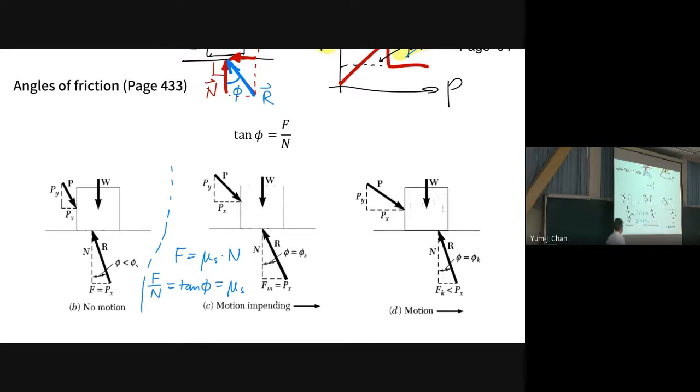Is that okay? Because we know N is always perpendicular to the plane and F is along the plane. So we have 90 degrees here.